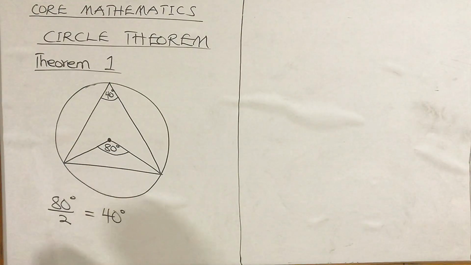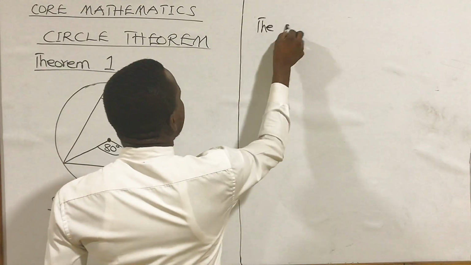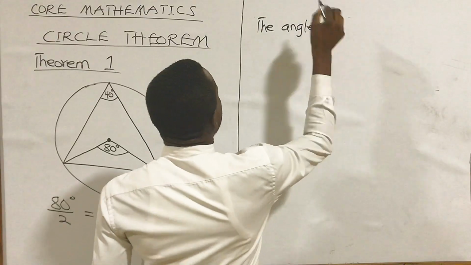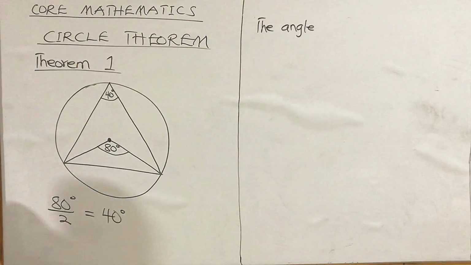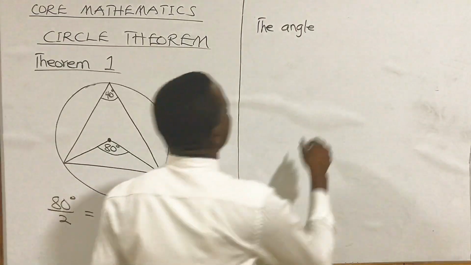But we all know that every theorem has its own explanation or its own reason. So now we are going to write the reason quickly. The angle, now the moment I say the angle, I am referring to the angle at the center.